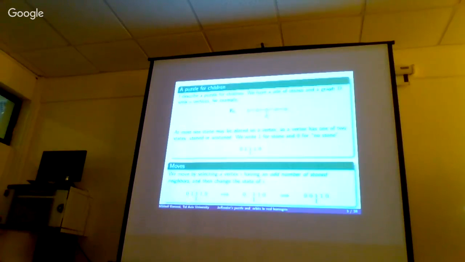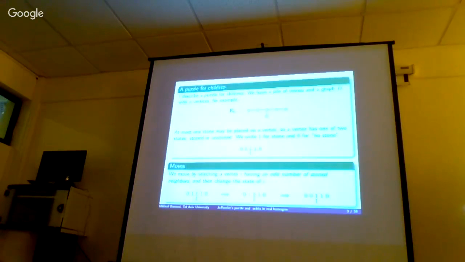For example, we take this configuration and choose this one, in red. It has an odd number of neighbors with one. This is not a neighbor. This is a neighbor. So it has one neighbor with one, an odd number, and we change it.